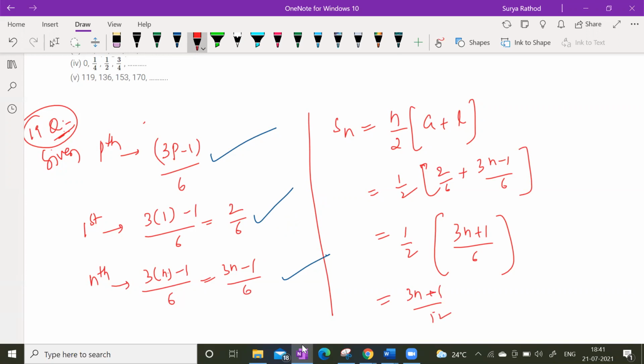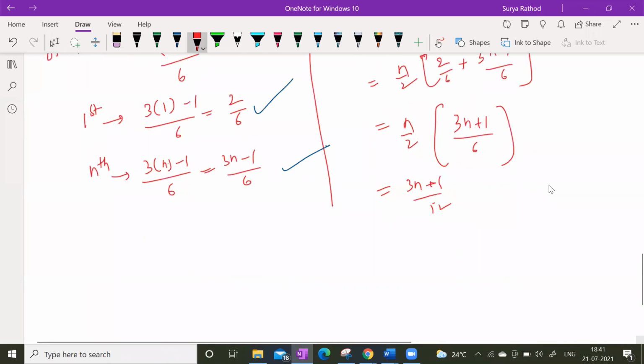So here n by 2, right? Is it clear? So 3n plus 1. N by 2 into 3 and so n by.